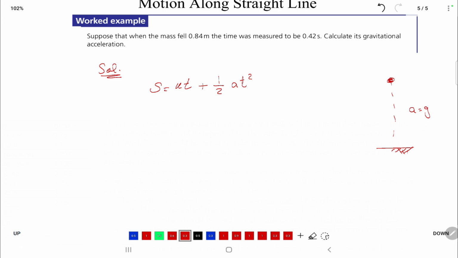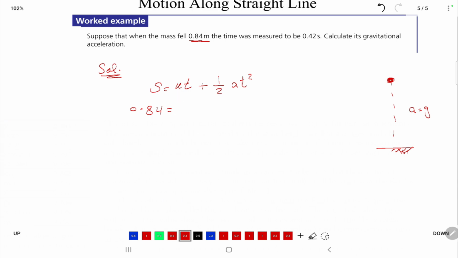So in this equation, s is given, which is 0.84 meter, equals u, because here it just fell down, so there is no velocity or speed given to this particle.